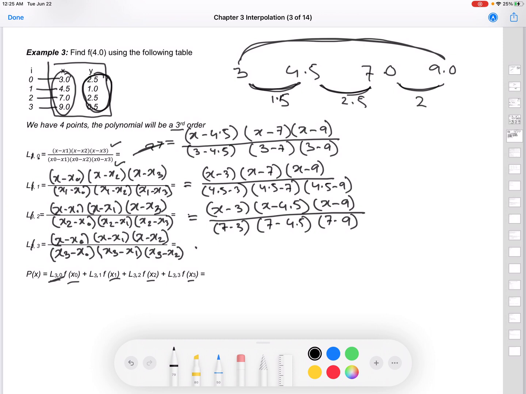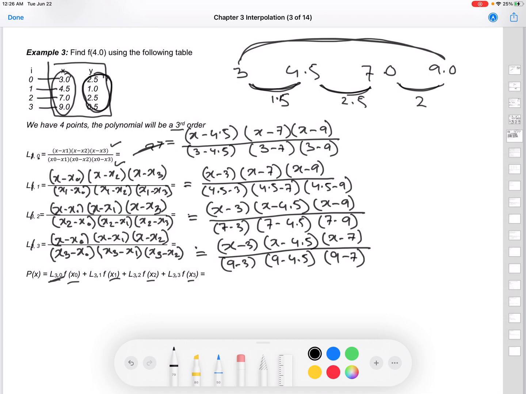Last one, L3 is x minus x0, so x minus 3, x minus 4.5, x minus 7, dividing by 9 minus 3, 9 minus 4.5, 9 minus 7.